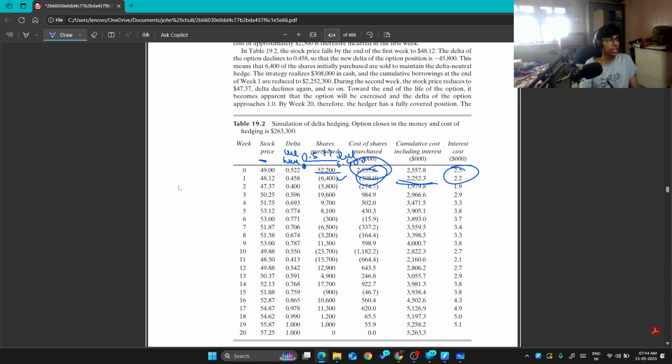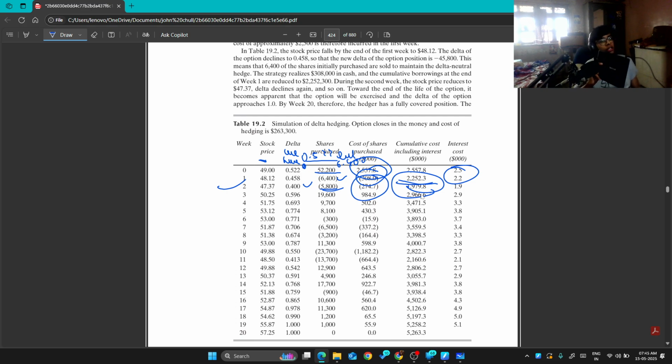That is dynamic hedging. Let's say our price has gone down to 47, then the delta value also decreased. That means we have to sell some stock. The amount of shares is 5,800. We sell it, we receive some cash flow, and our total cost also decreased. And in this way we do dynamic hedging.